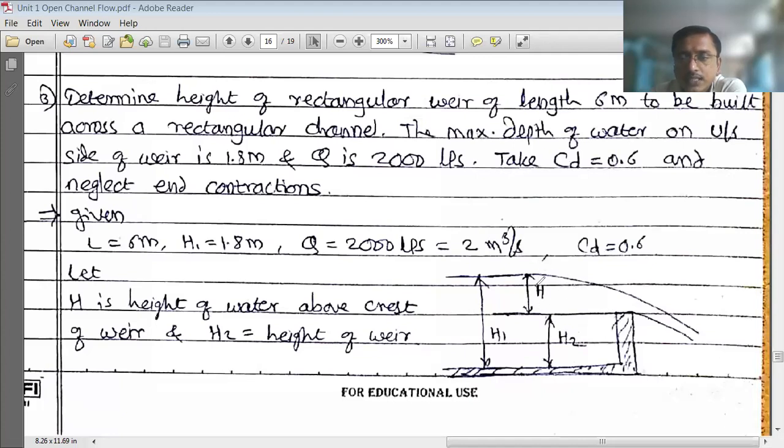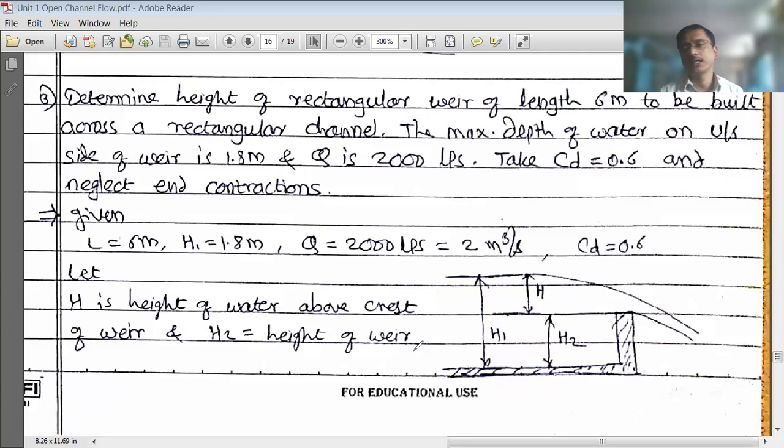See, once you get this capital H, then it is quite simple. Just subtract this capital H from this H1 and you will get the value of H2. That is height of the weir. Is it simple? Now here your task is to first find out what is the capital H. Discharge तुम्हाला दिलेला आहे. Right.